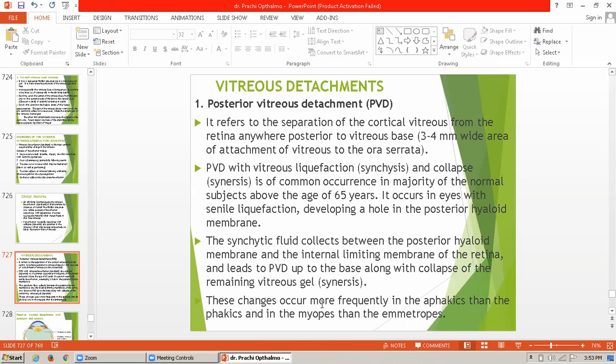These changes occur more frequently in myopes than in emmetropes.